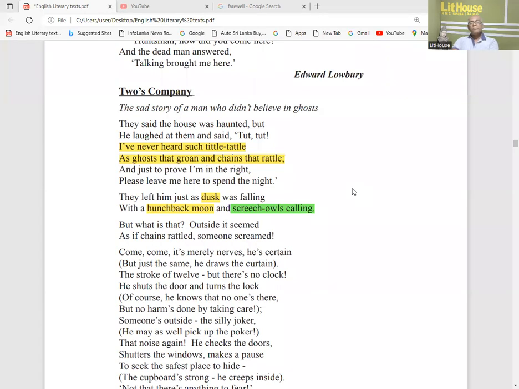Dusk and hunchback moon are two visual images related to ghosts' appearance.